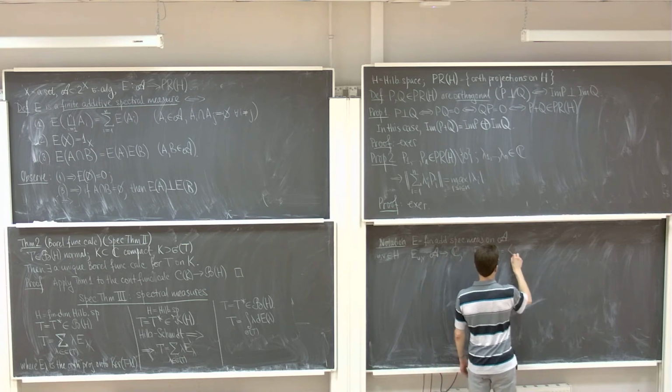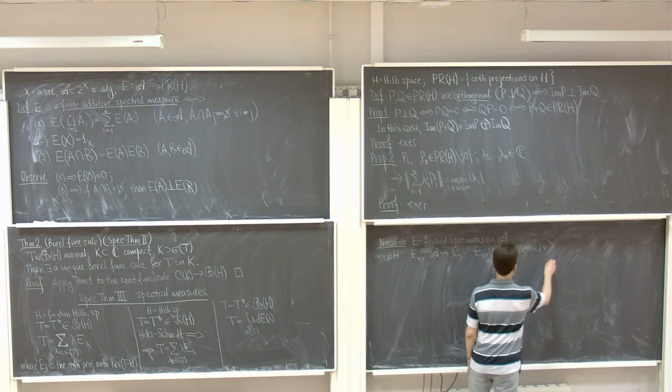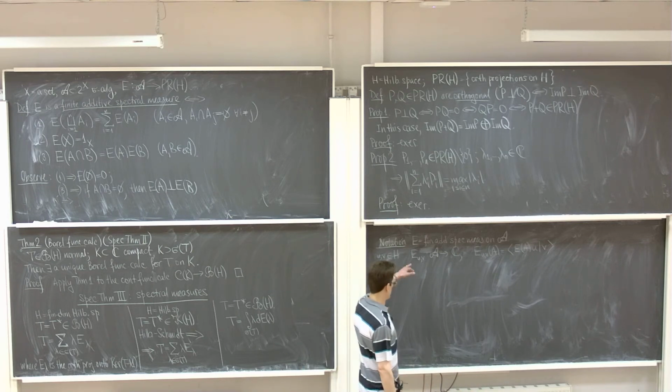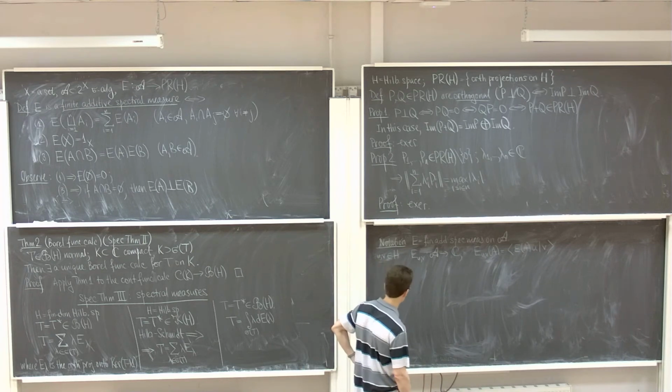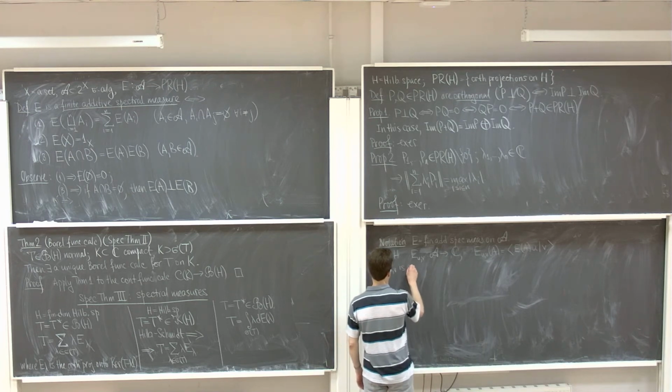So this is an inner product of E of A U and V. So clearly this is a finitely additive complex measure.